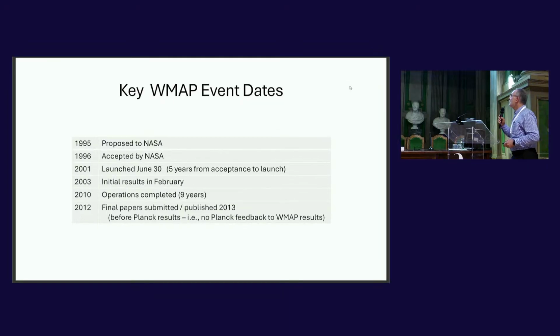And then we operated for 9 years till 2010. And we had our final papers submitted in 2012 and published in 2013. And that was before Planck results were published. So that means the WMAP papers were not influenced in any way by Planck. They were done before that.